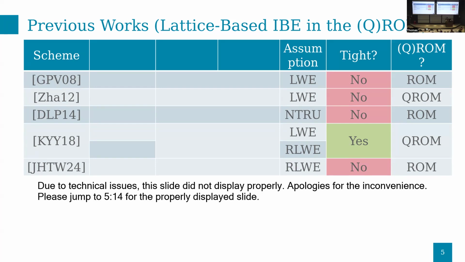For the efficiency, DLP14 achieved compact parameters compared to the other ones, but the security proof is not tight. For the tightness, KYY18 achieved tight security, but the scheme has larger parameters than DLP14.